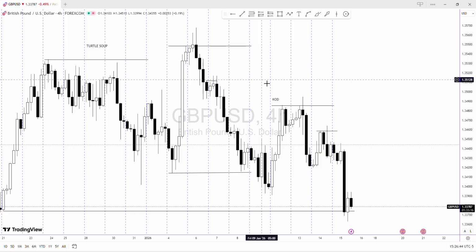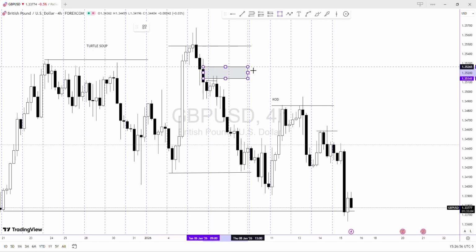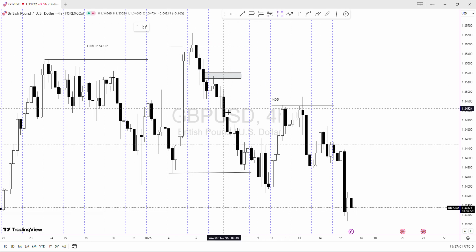What we will be expecting is to see how price reacts to those places before going down. What does the market look for before it goes down? Where does the market tap into before going down?